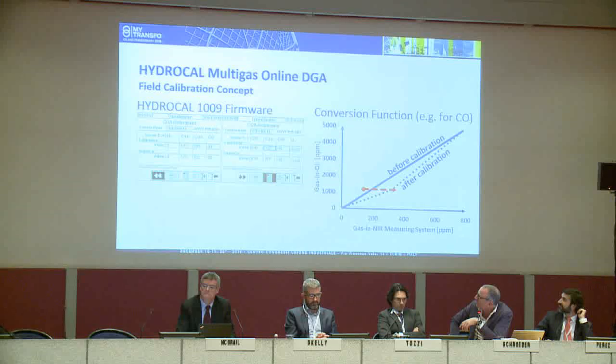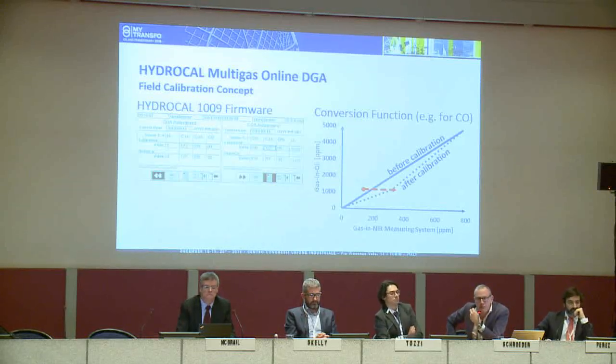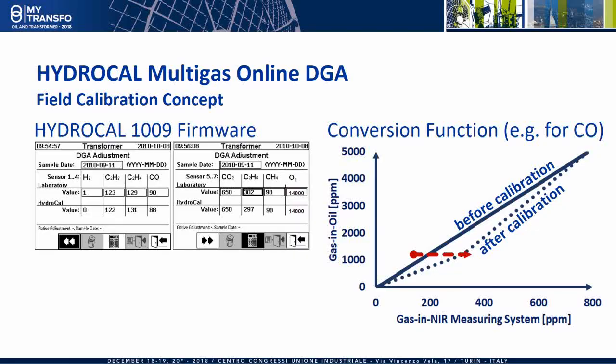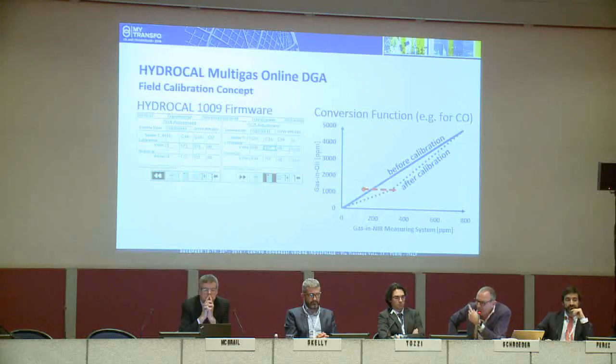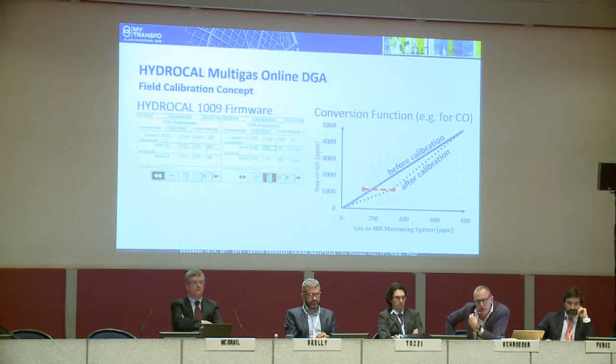Next one. Okay, so what we have done, we have built into our devices a very simple way for the operator to calibrate the device itself without the need to send the device back to the factory. So the operator can, on the left side, enter laboratory results taken in the field into the device, and that will slightly change the conversion function implemented in the equipment.